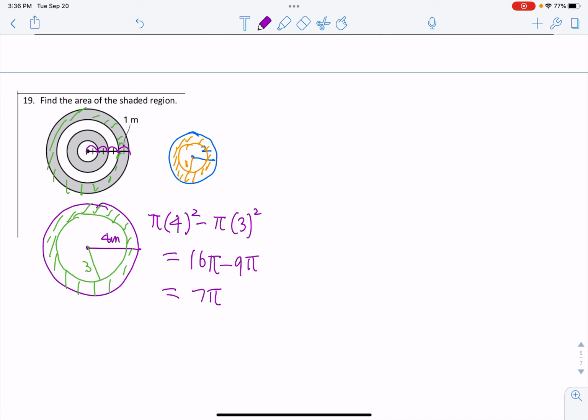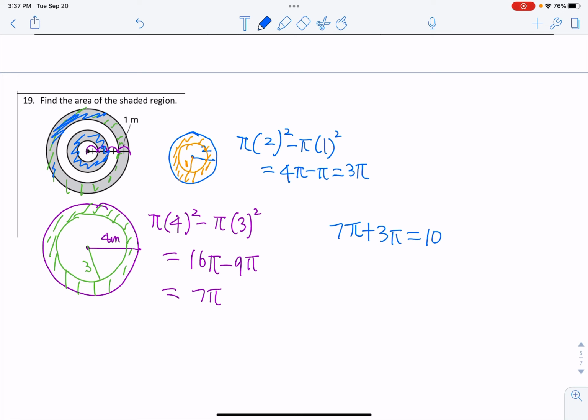And for that one, the radius will be 2, so 2 squared minus 1 squared, so 4 pi minus pi will be 3 pi. And you add them together because we need the shaded parts of this one and this one, so you have to add both together. So 7 pi plus 3 pi together will give you 10 pi meters squared. That's the area of the shaded part.